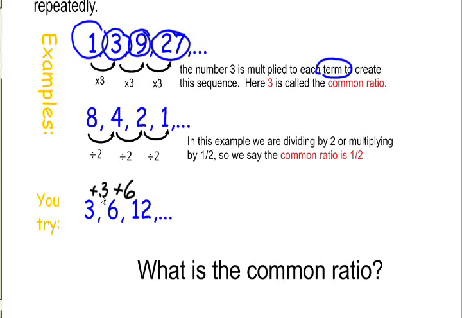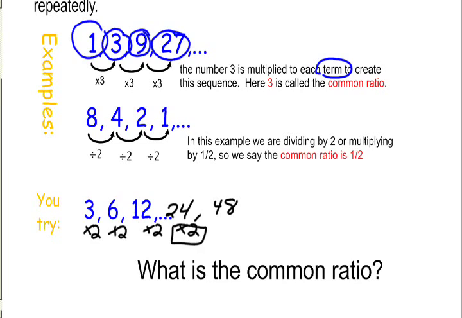It doesn't look like it's to be adding, but let's try 3 times 2, that is 6. 6 times 2 is 12, and now I can see what my sequence is. My pattern is times 2. All right, the common ratio, multiply by 2, or times 2. And in the rule, I would just write the symbol for times, the multiplication, the times sign, 2.